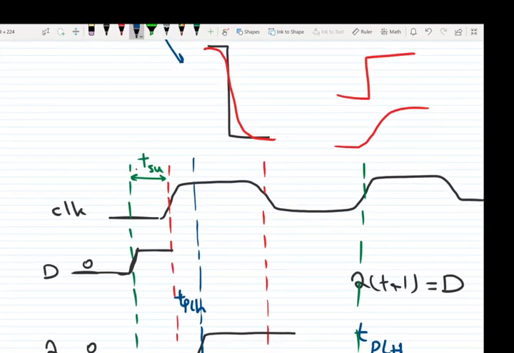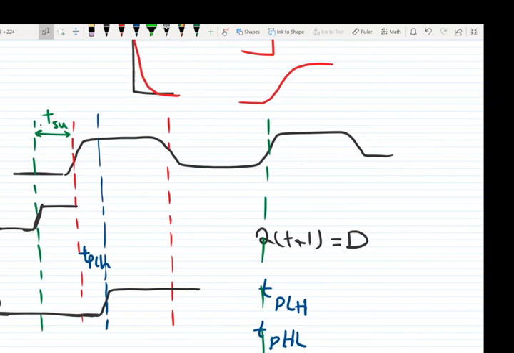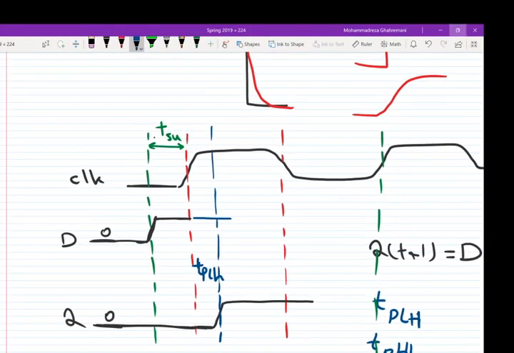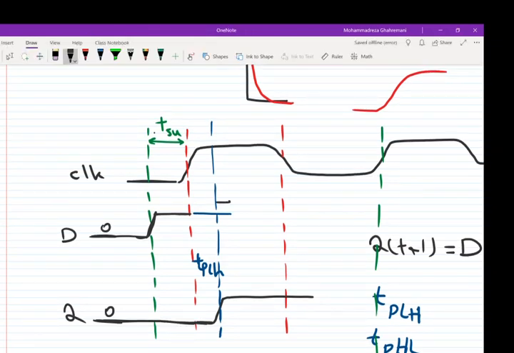So the signal D cannot be changed from 1 to 0 sooner than this time, which is called T of H, T hold.